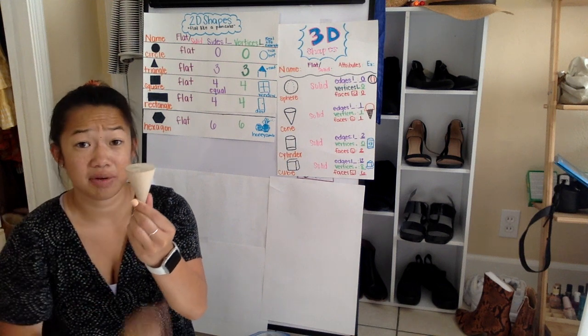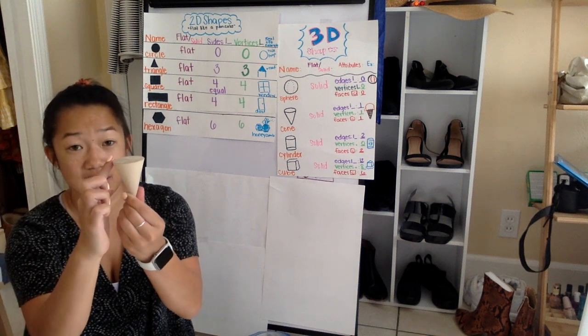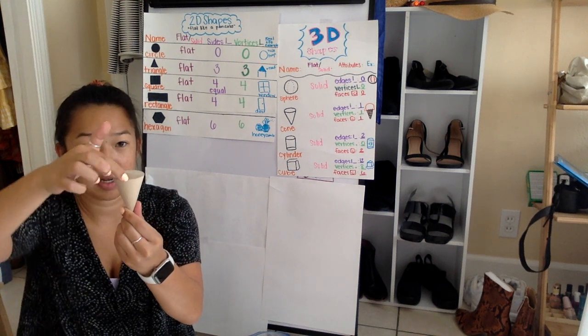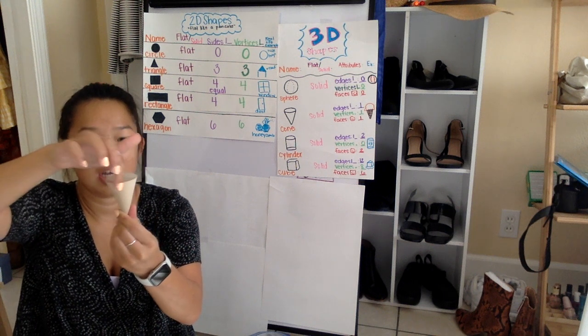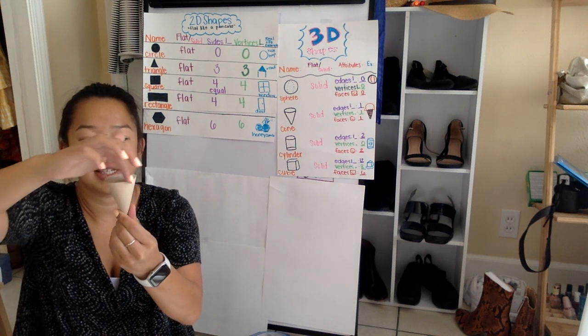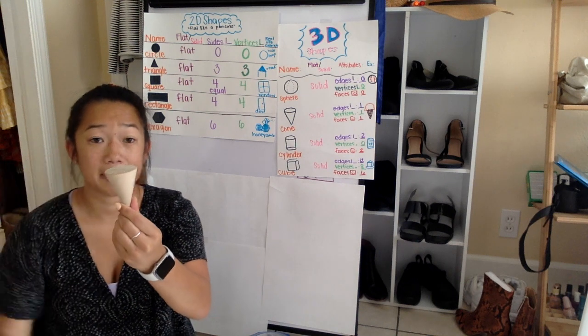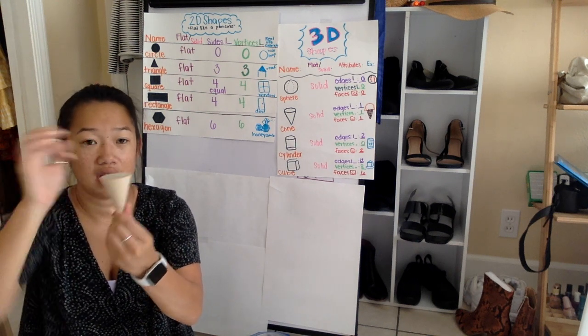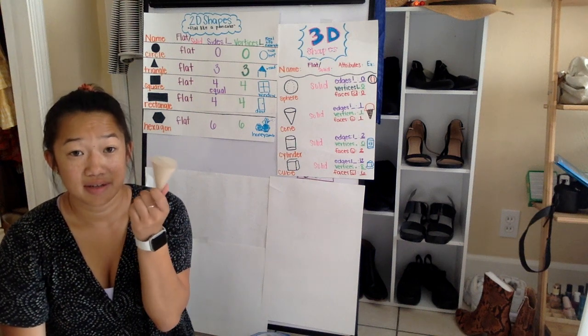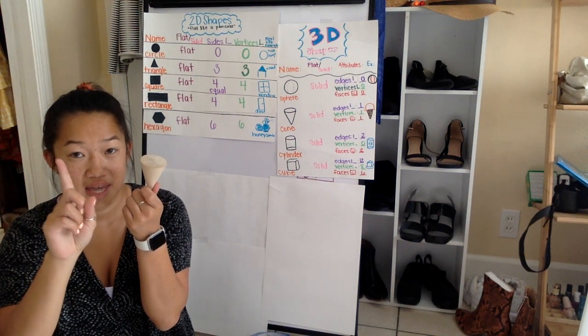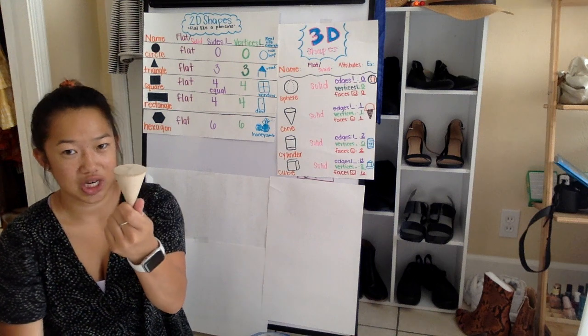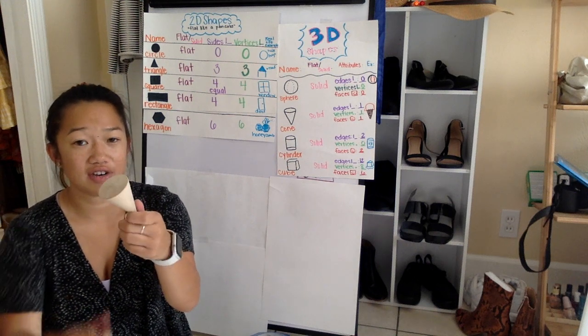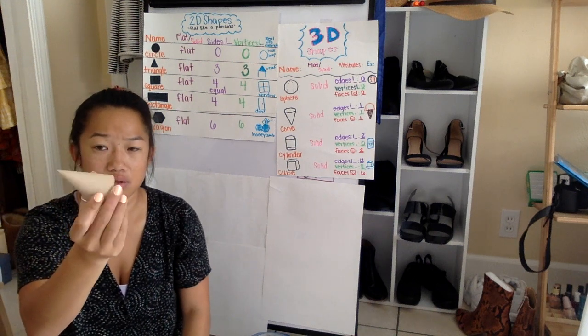It's not a straight edge like we've seen with our 2D shapes, but here's the edge of our cone. Watch with me. I'm touching all the way around the top. So an edge is where a face and another part of a 3D shape meet. So here's one edge. A cone has what? One edge. Good job.